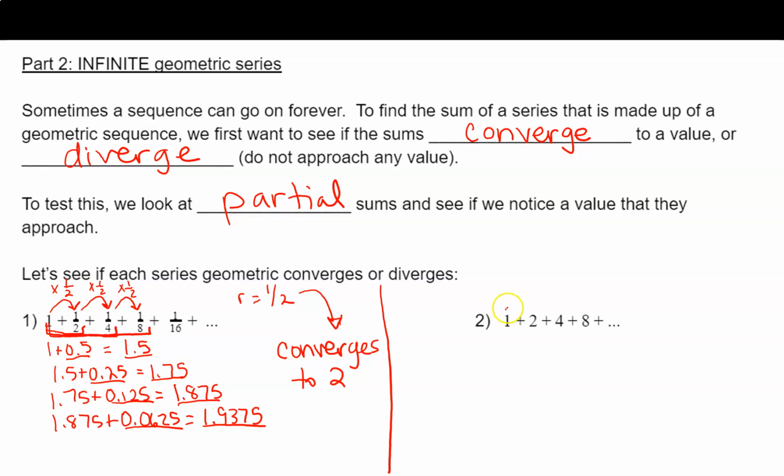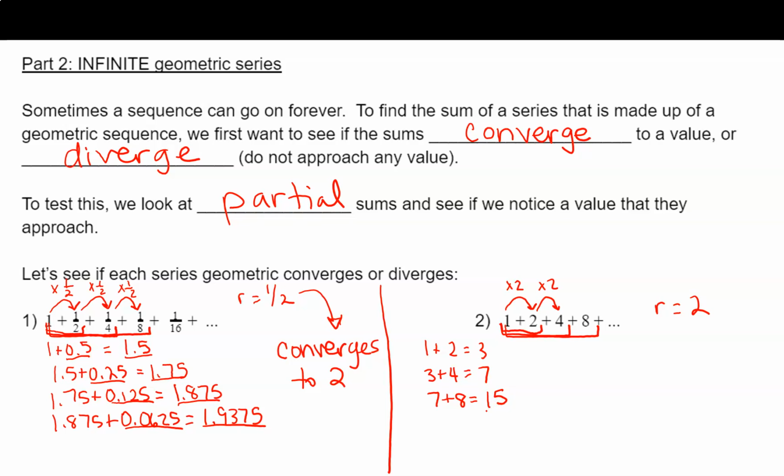For the next one, let's find out our common ratio. So we're multiplying by 2, r equals 2. If I find my partial sums, I have 1 plus 2, which is 3. I'm going to take that 3, add the next number, which is 4, and we get 7. And if I take that 7 and add the next number, we get 15.